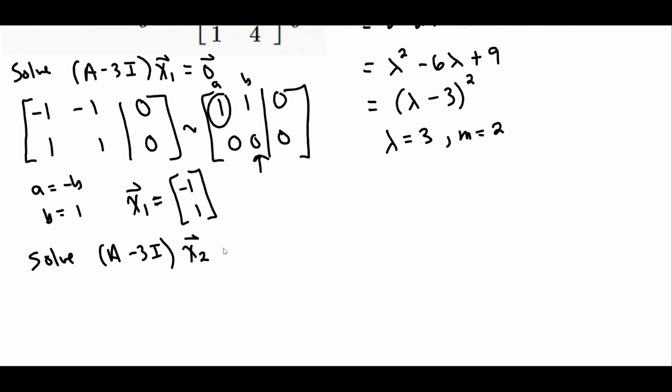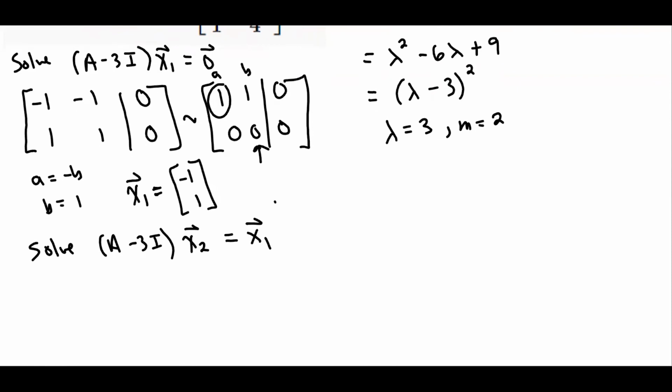We're going to solve for x2, but now we're going to set it equal to x1. So we're going to put this x1 in here and solve that system, see what we get.